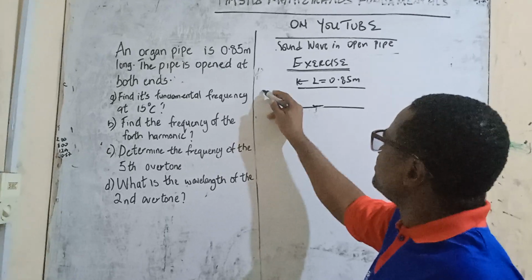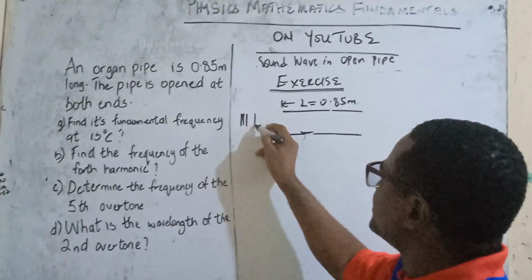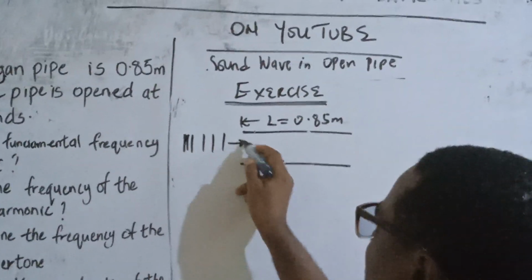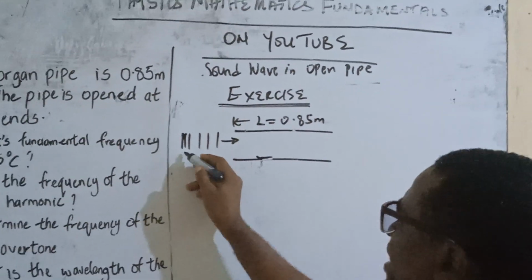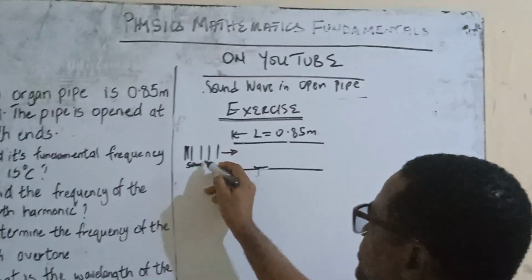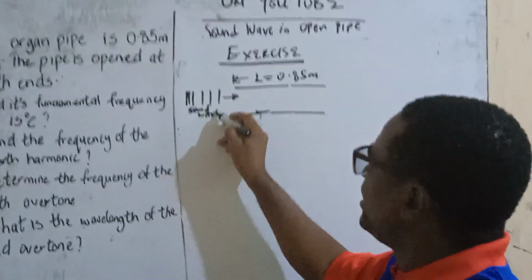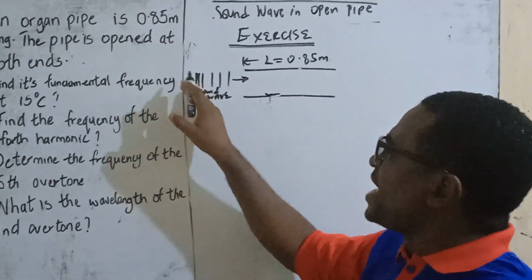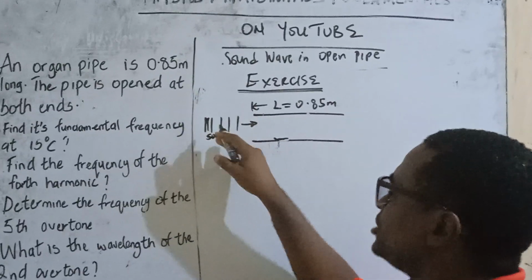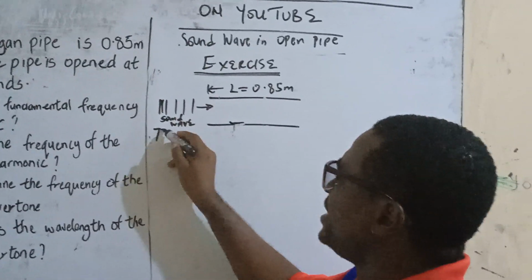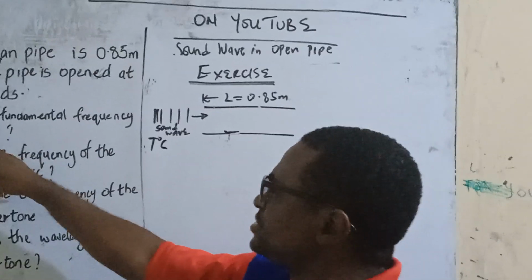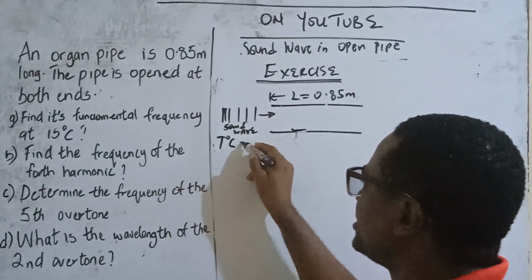When sound wave is sent into this pipe, the sound wave is passing through air, through the assistance of the air particles, and the temperature of the air, according to this question, is 15 degrees Celsius.